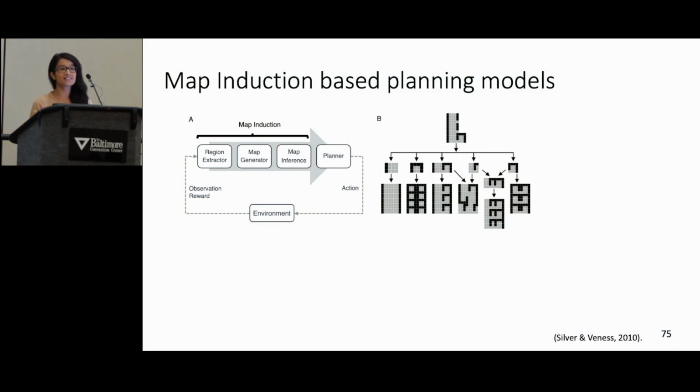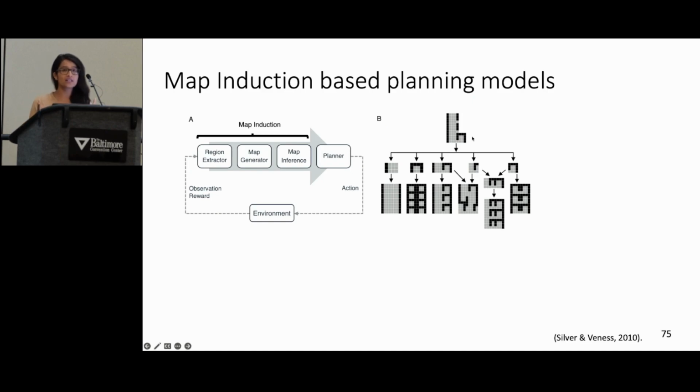So we also formalize the map induction hypothesis by building map induction-based planning models that have 4 core components. So the first one is a region extractor that extracts region primitives from observed parts of the environment. The next is the map generator that composes these region primitives using an underlying probabilistic grammar and generates a set of map hypotheses.